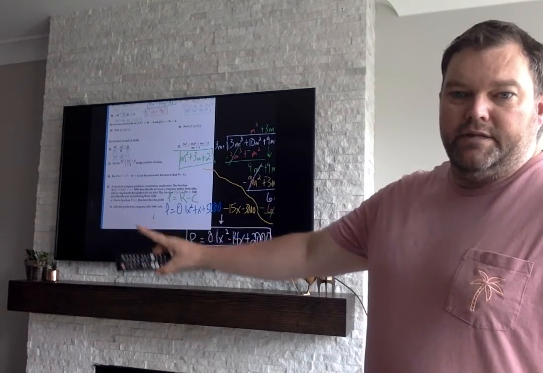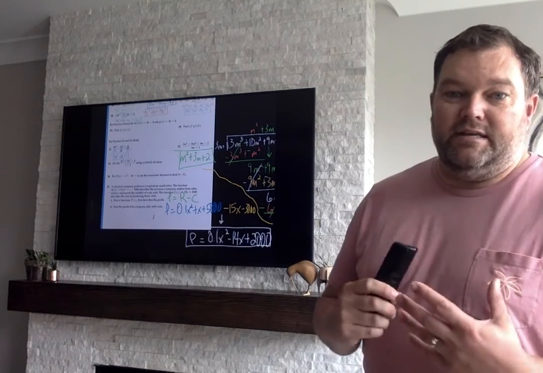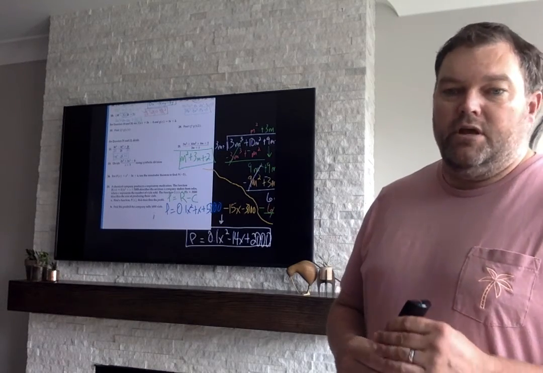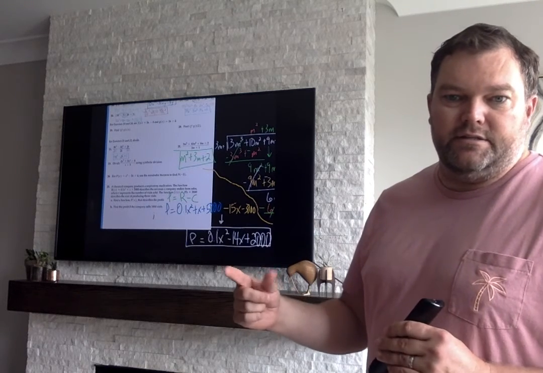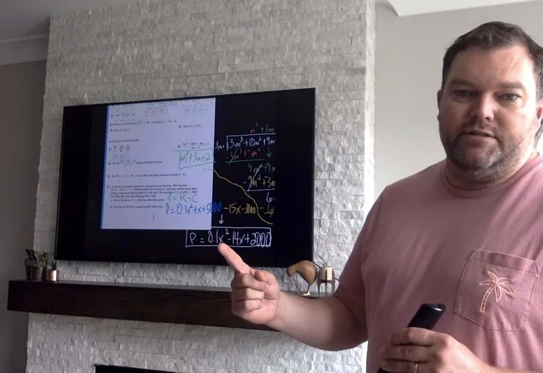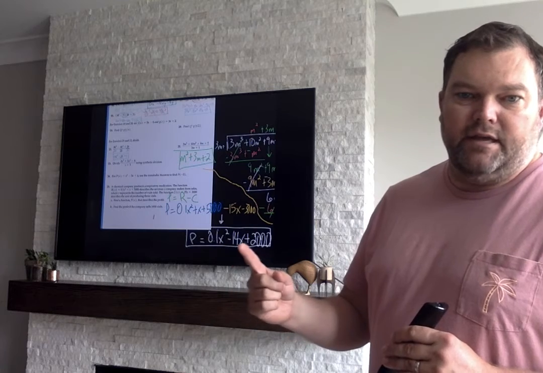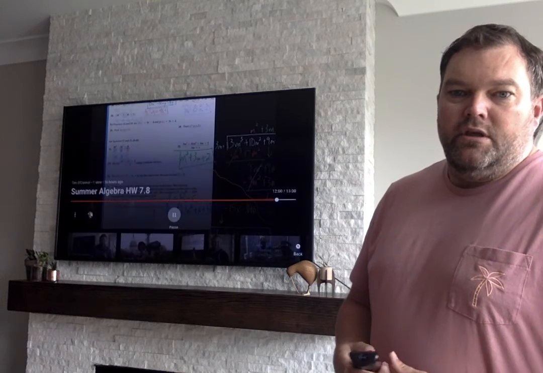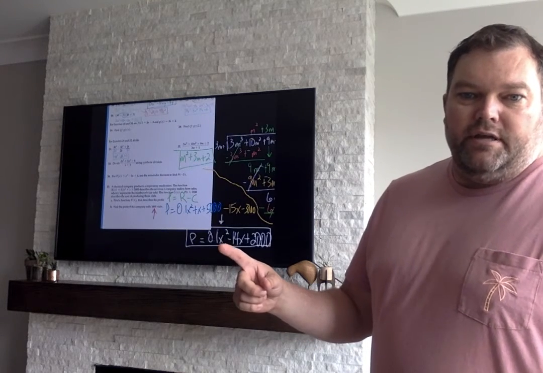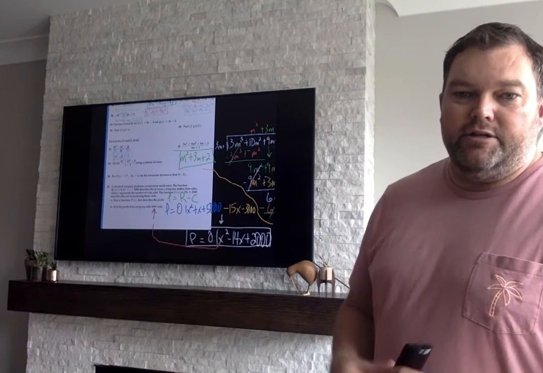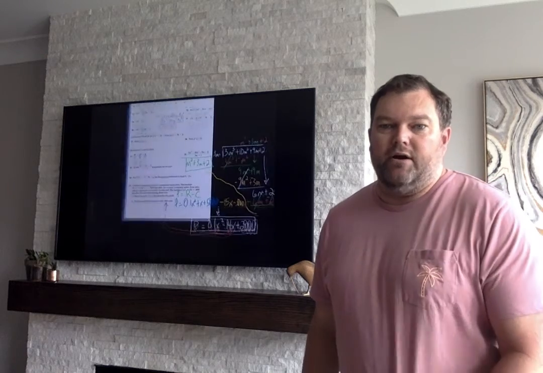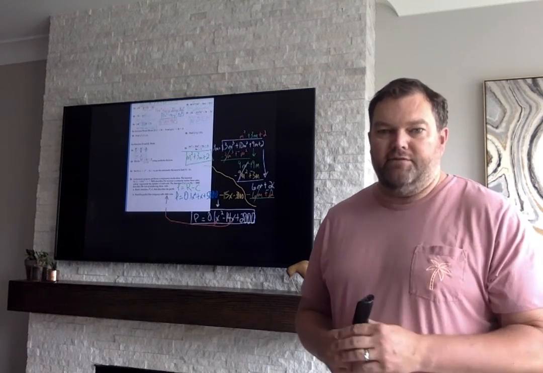Now in part B over here, it says they want to find the exact profit, assuming that they sell 1,000 things. So that means I'm going to put 1,000 in place of X in both spots. So if I put 1,000 in here and 1,000 in here for X, now I just need to do some math to work out what is this company's profit.